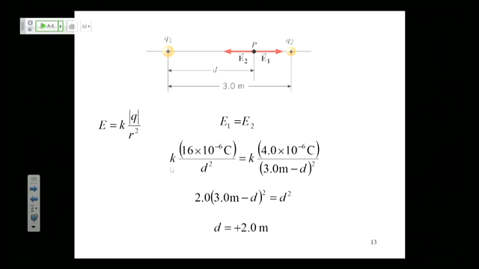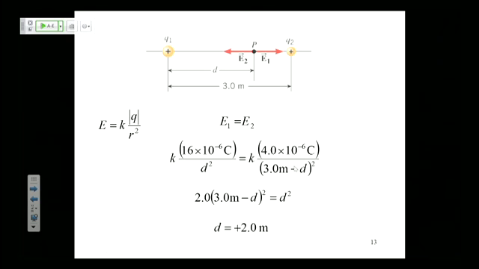So E1 equals KQ1 divided by the distance squared, D squared. And E2 equals KQ2 divided by the distance squared. The distance is 3 minus D. So now you need to solve this equation.